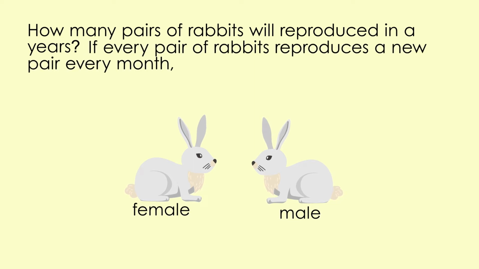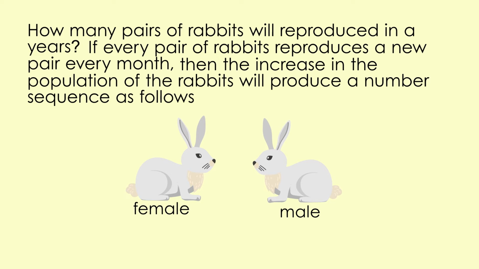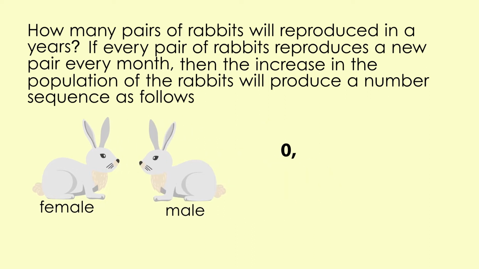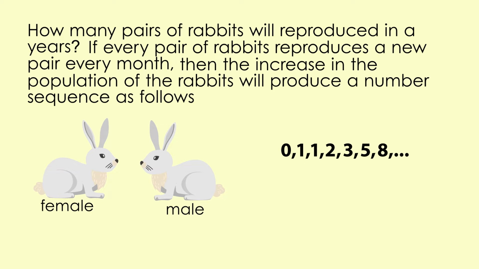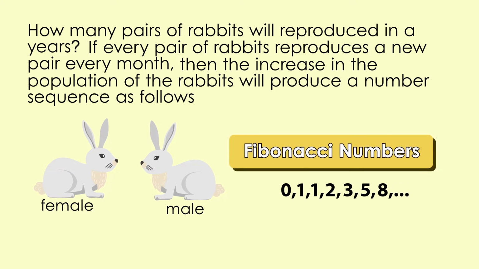If every pair of rabbits reproduces a new pair every month, then the increase in the population of the rabbits will produce a number sequence as follows: 0, 1, 1, 2, 3, 5, 8. These numbers are known as Fibonacci numbers.